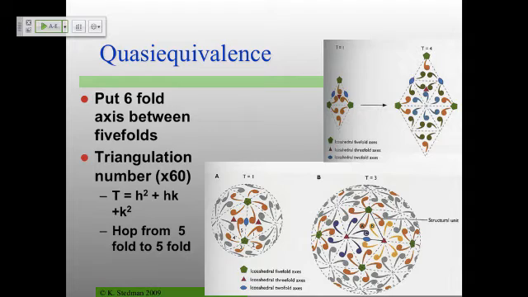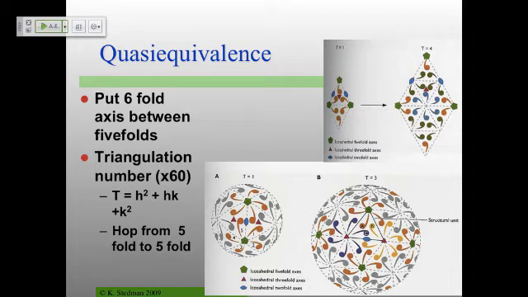But if you continue with this vector, you keep going this way and you're not going to get to another 5-fold axis. So you need to go 1 in this direction, then change direction and go 1 there. So in this case, your h is 1 and your k is 1. So 1 squared plus 1 times 1 plus 1 squared is a T equals 3.